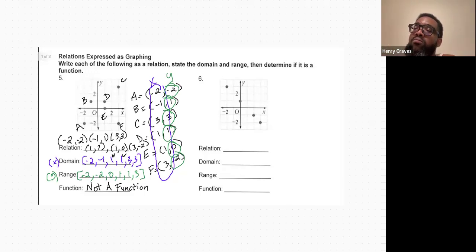Now, this next side, I'm just going to call them primes, A prime, to separate them. B prime, C prime, and D prime. So the ordered pair for the first one is going to be -2, 3. The second one is going to be 0, 1.